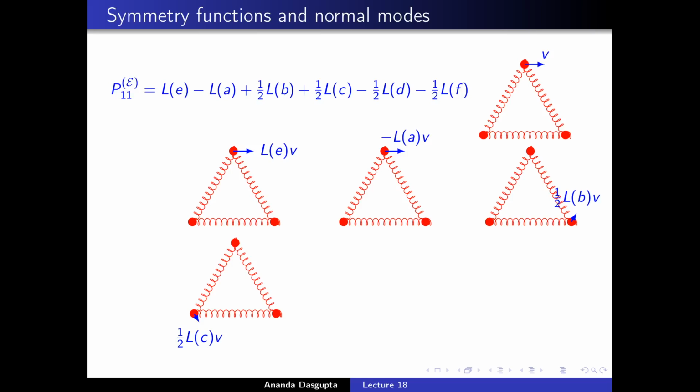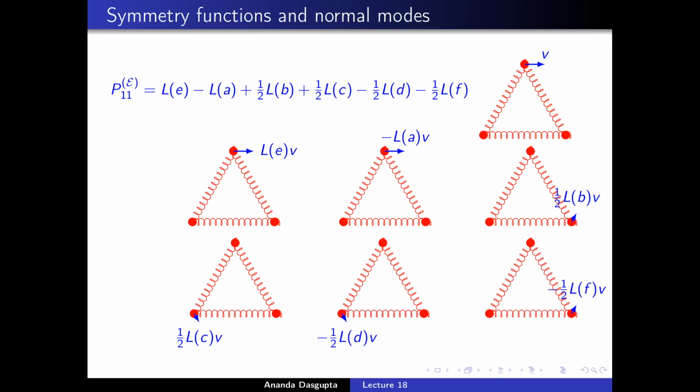The top atom moves to the left corner and turns through 120 degrees with an additional 180 degrees because of the minus sign and scales by half. Ends up being exactly the same as half LCV, and minus half LFV similarly works out to be exactly the same as half LBV.